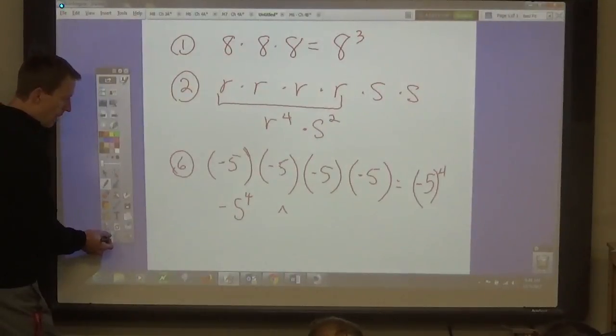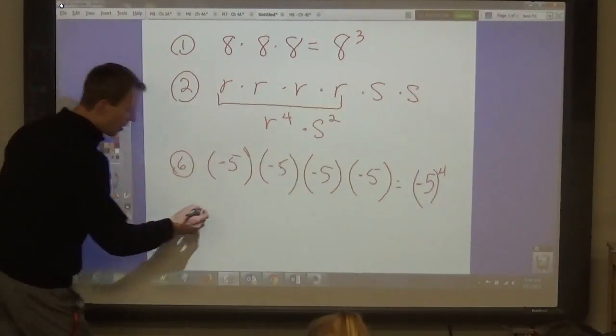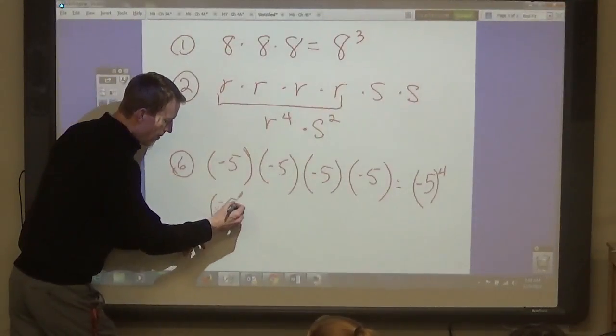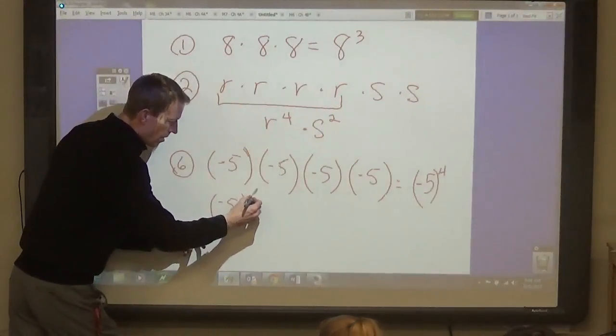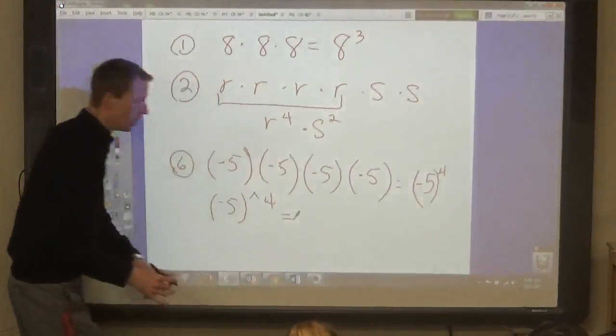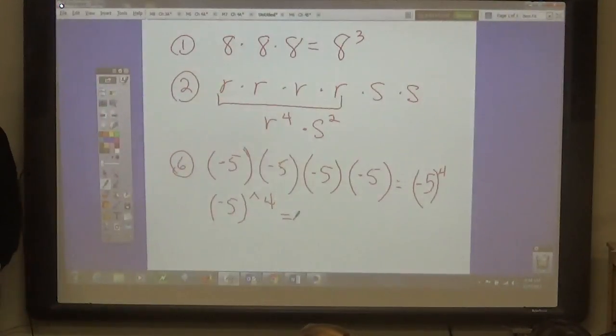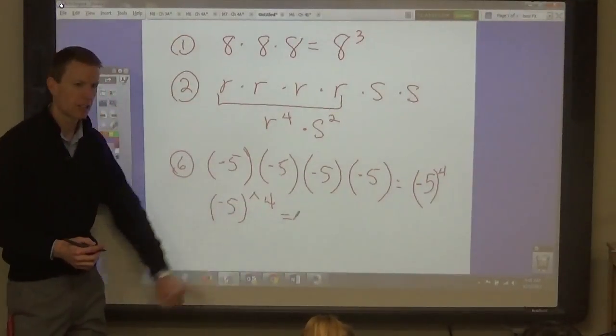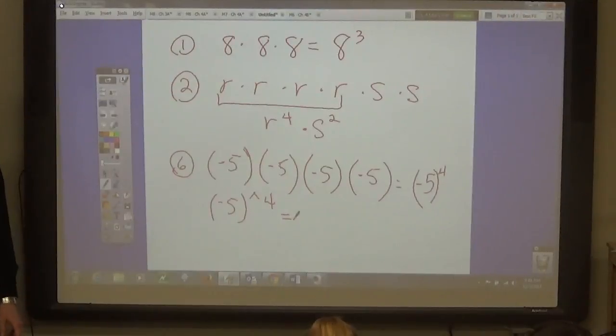You actually type in parentheses, -5, parentheses, caret 4, equals. That little caret thing means it's an exponent. The next number is an exponent.